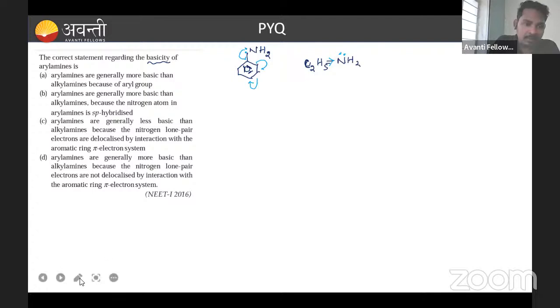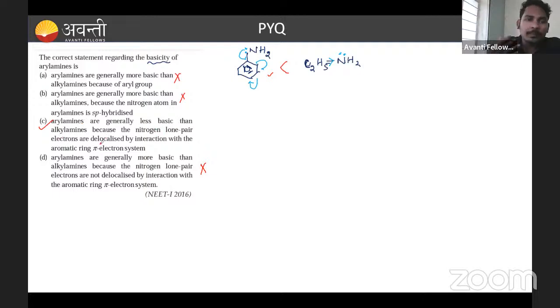That means the basicity of this one is less than this one. So 'generally more basic' is incorrect, 'generally less basic' is also correct. So the correct answer is this one: aryl amines are generally less basic than the alkyl amines.